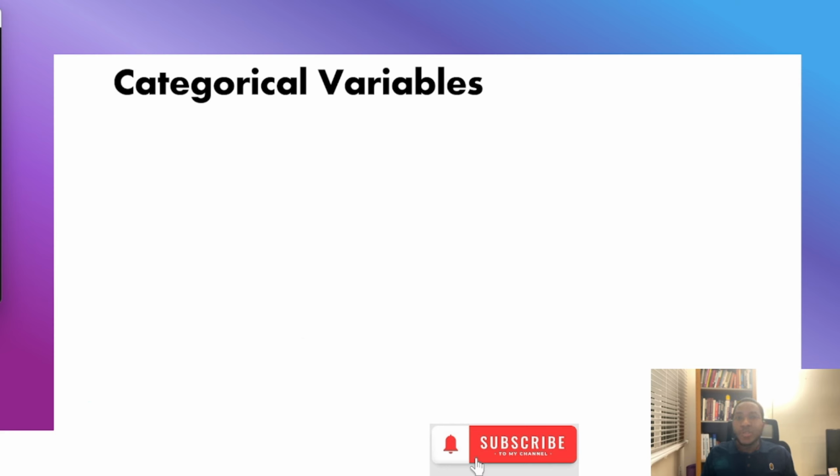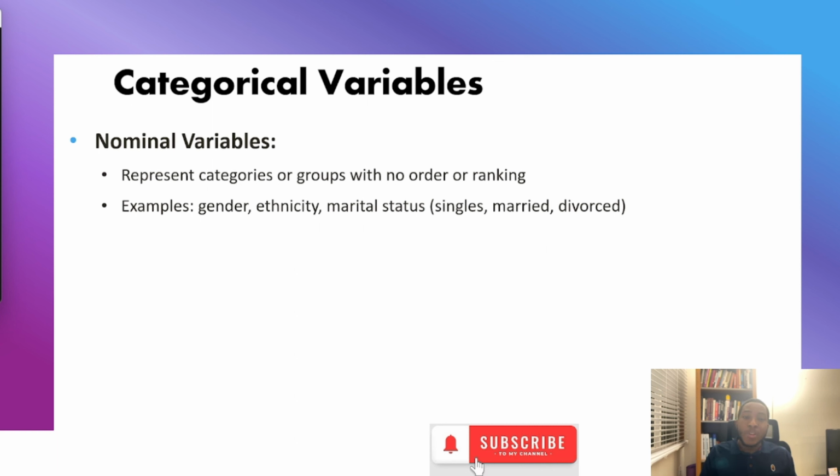There are two types of categorical variables. There are ordinal categorical variables and there are nominal categorical variables. With nominal categorical variables, we are talking about categories within your data set that exist in name only. There is no specific ordering to them. So a typical example of a nominal variable is race.